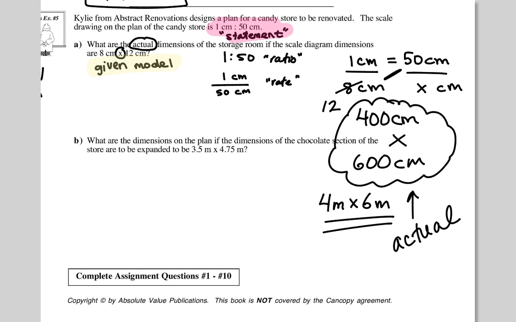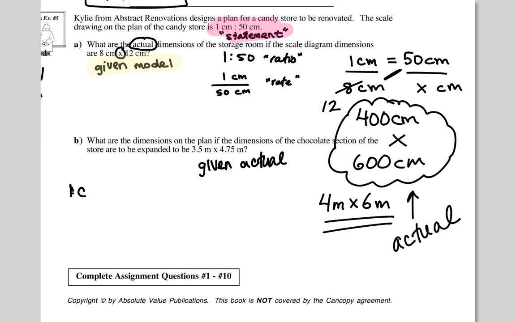In part B, what are they giving us? We're given the actual. So if in part A you times by 50, what do you think you're going to do in part B? Divide by 50. Okay, so let's check out why.